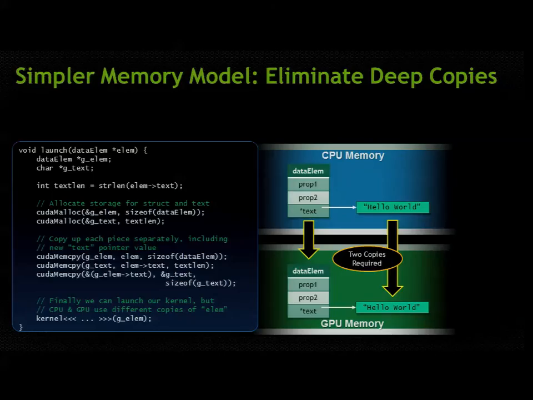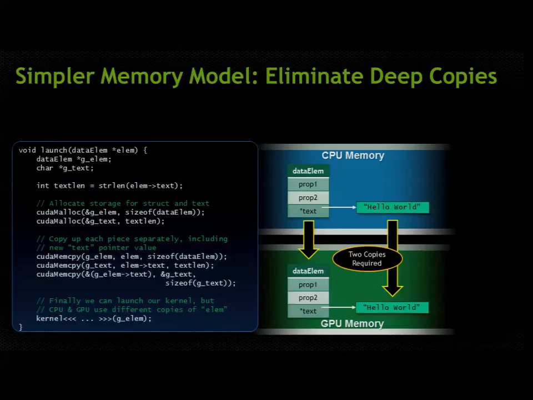Now, how you write it currently in CUDA is you have to malloc space for the struct and you have to malloc space for the actual text. Then you have to do these copies, right? And then you have to make sure that the pointer that you're inserting there is actually the one that points to this location rather than the pointer that goes over there.